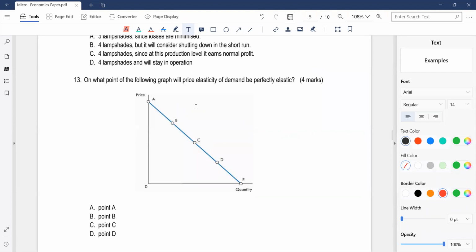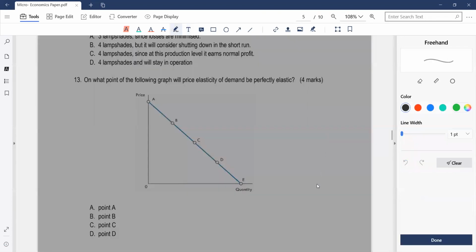On what point of the following graph will the price elasticity of demand be perfectly elastic? Perfectly inelastic, I'll call it PI. Here is perfectly elastic.